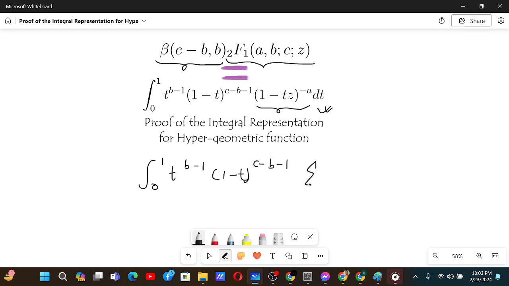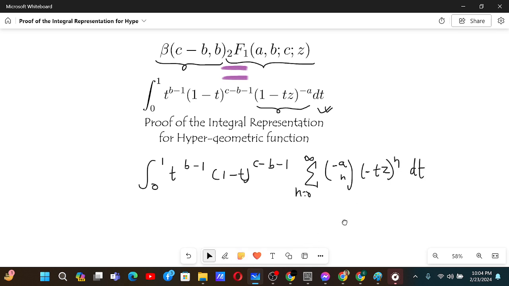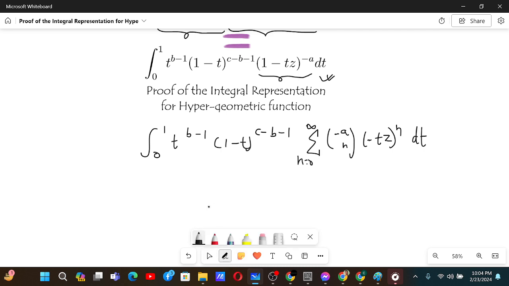Now this will just be the sum going from n equals 0 to infinity of binomial of minus a and n, and then minus tg to the power n dt.